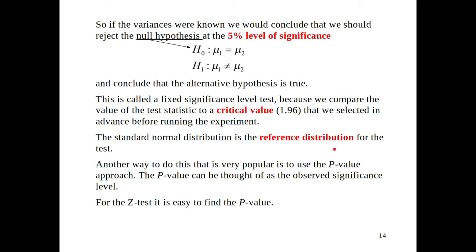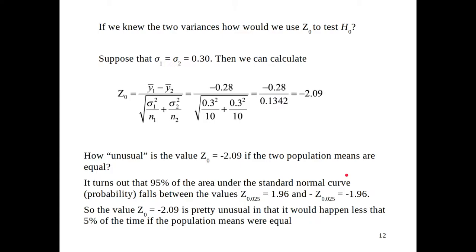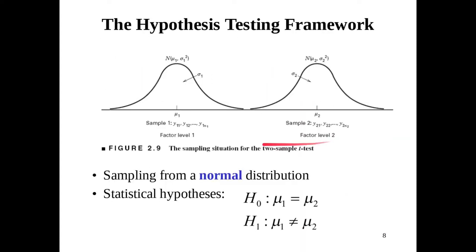Now, there is another way we can look at this problem. Instead of comparing with the fixed 5% significance level, we can ask what is the p value for our observed z value of minus 2.09, right? So let's say here is minus 2.09.